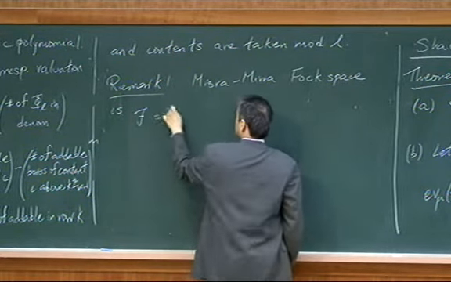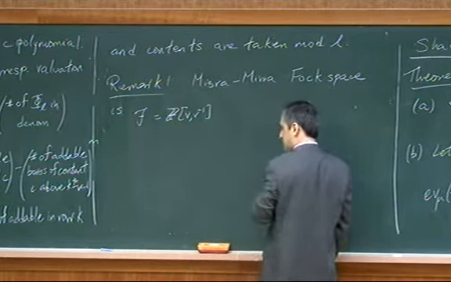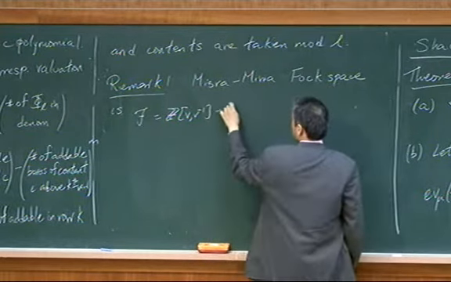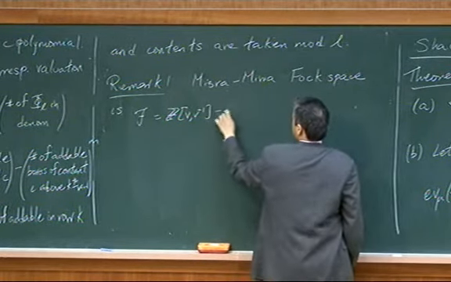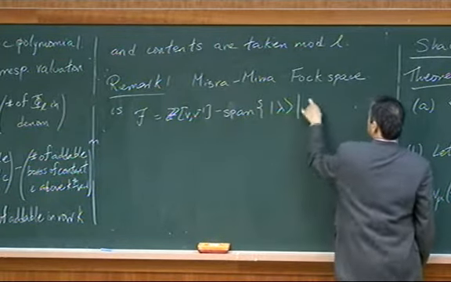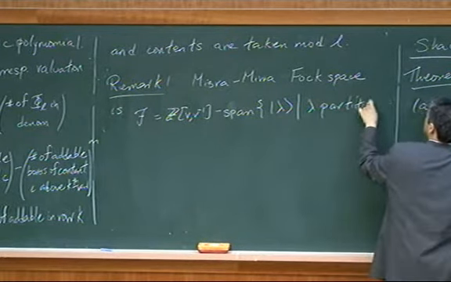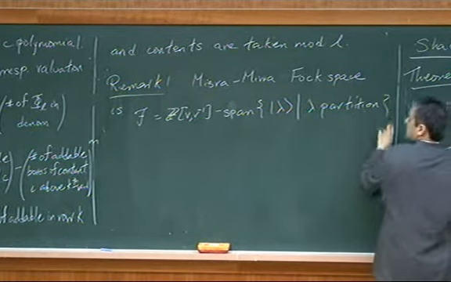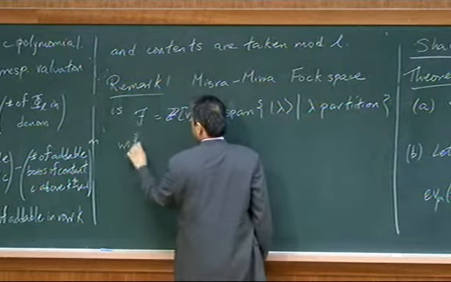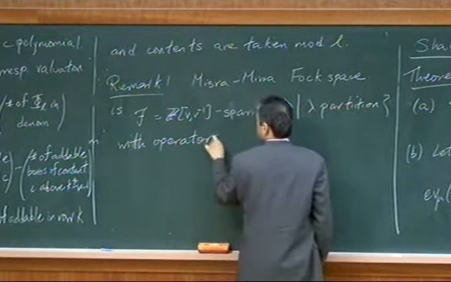So this is the span, and I'm going to use a new variable v, of some symbols indexed by partitions, with some operators on this vector space.